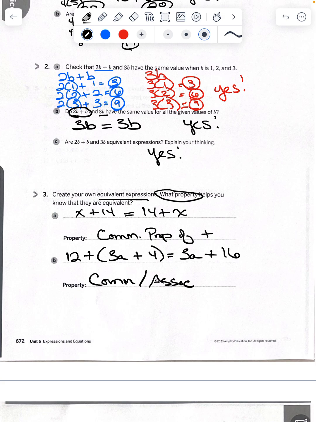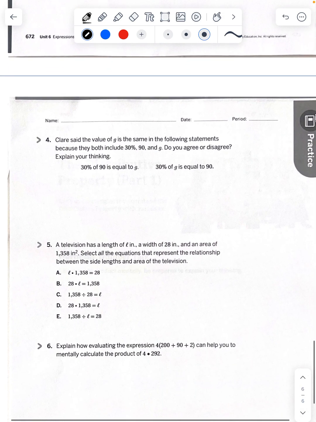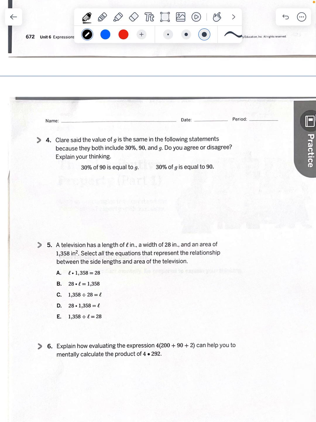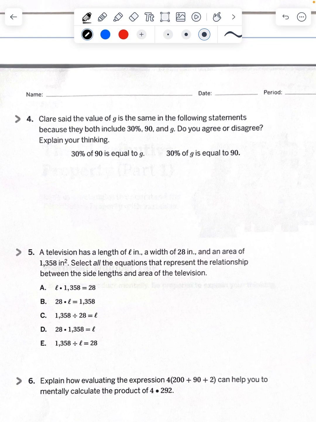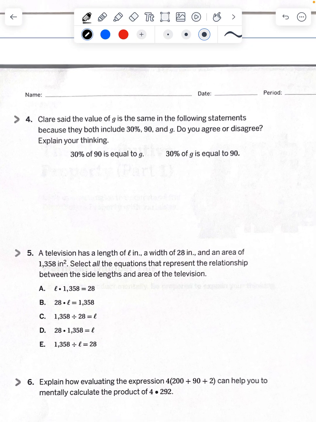Okay. Alrighty, let's look at number 4. This one would be review back here. Claire said the value of G is the same in the following statements because they both include 30%, 90, and the variable G. Do you agree or disagree? Explain your thinking.